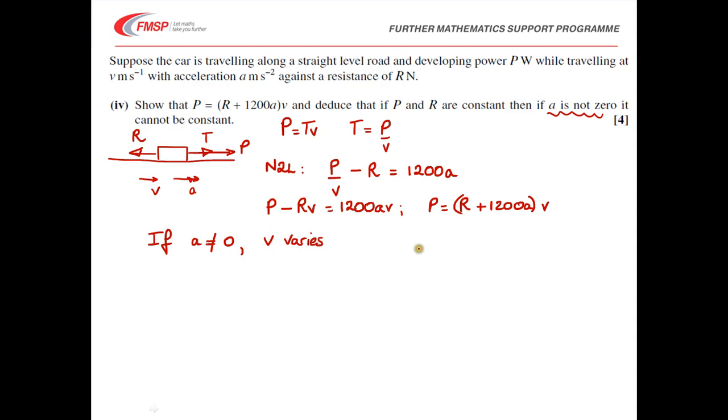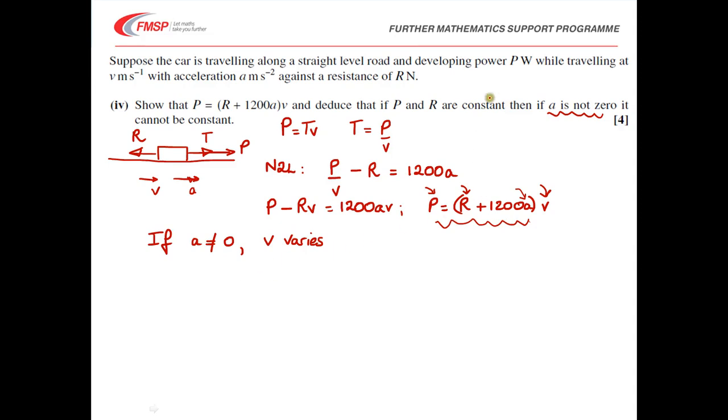So the velocity varies if there's an acceleration. That means then that looking at this formula that we've got here, if P and R remained constant, but v varies, the only other thing that can vary in here is a, so a must vary because v has to vary because a is non-zero.